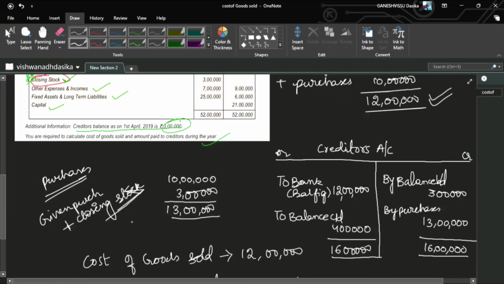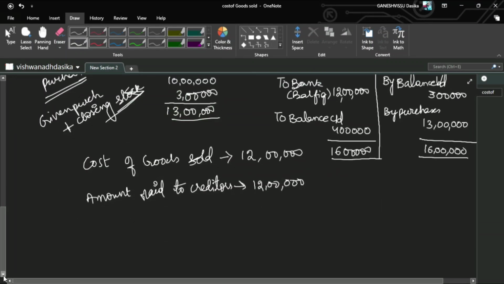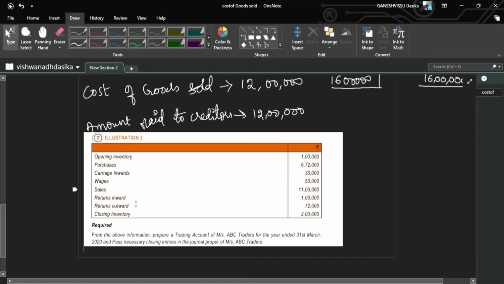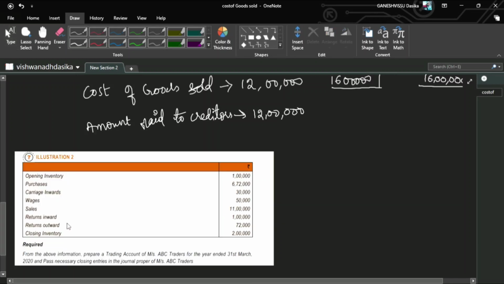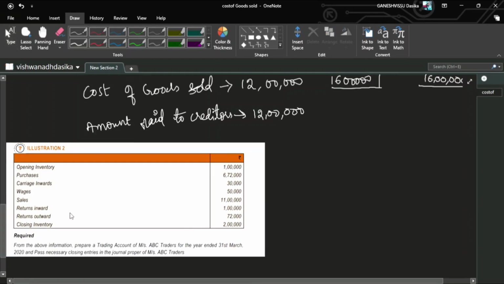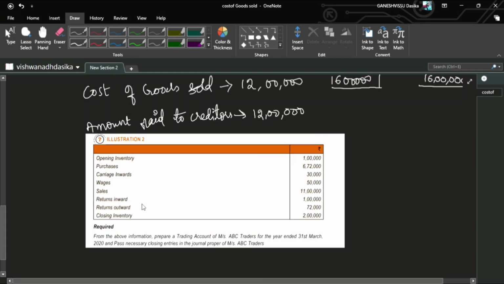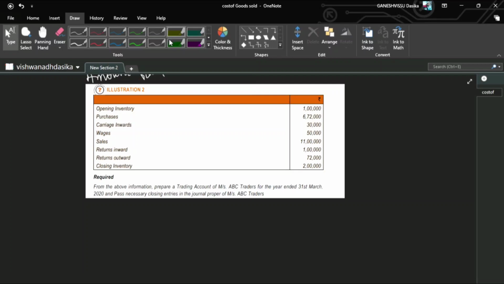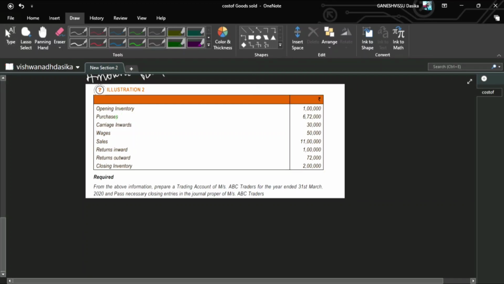Okay, now let us go for taking the second illustration. Right. Let us now read the question. What is required? But let us first see that one.